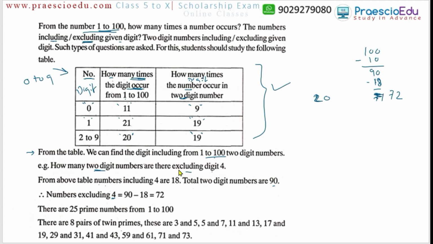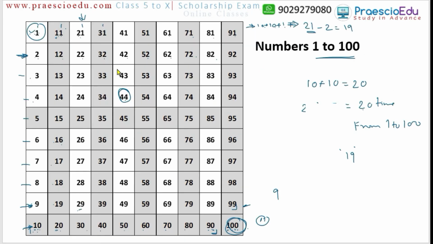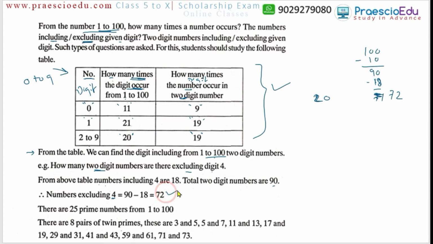So for the numbering, we have to take care that it should not be counted repeatedly, and 44 is the number where the digit occurs two times. But if we consider the complete number, that is 1. This is one number, but the digits are 2. This is the meaning.